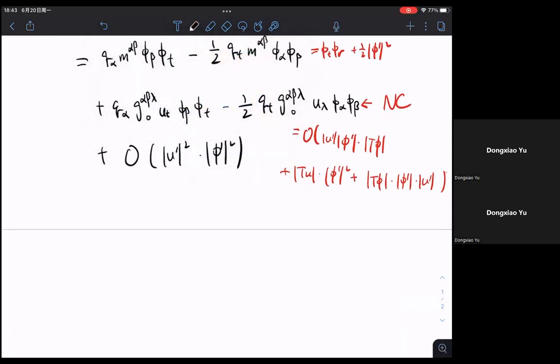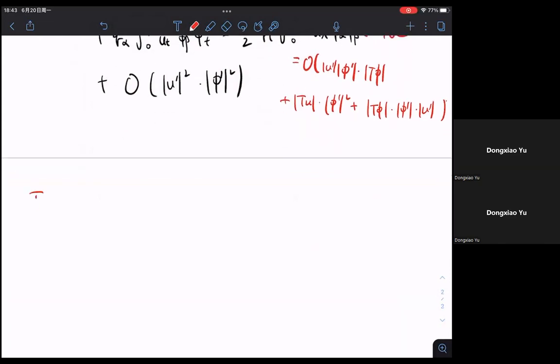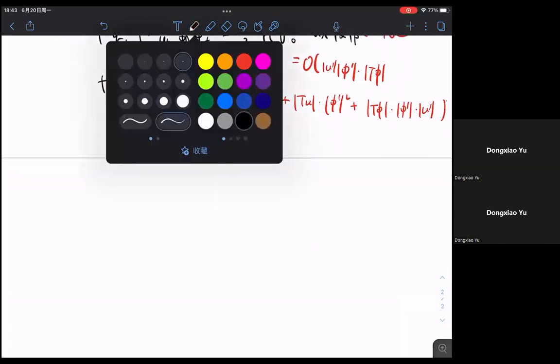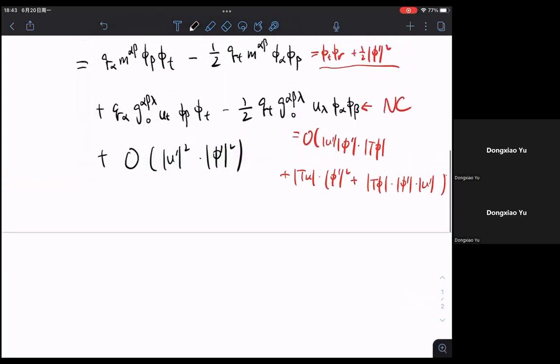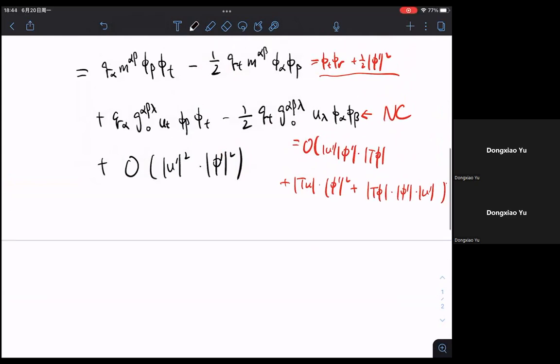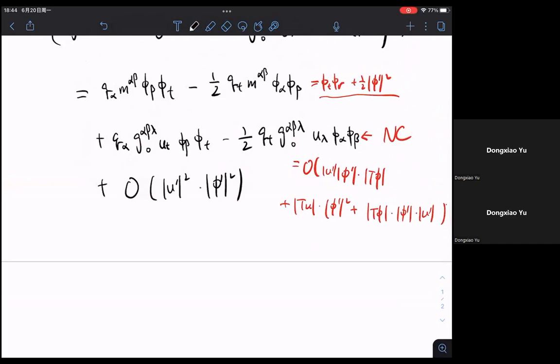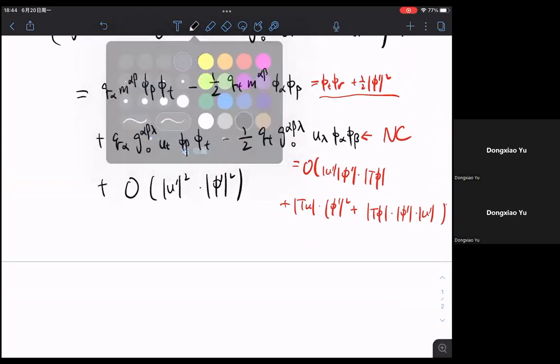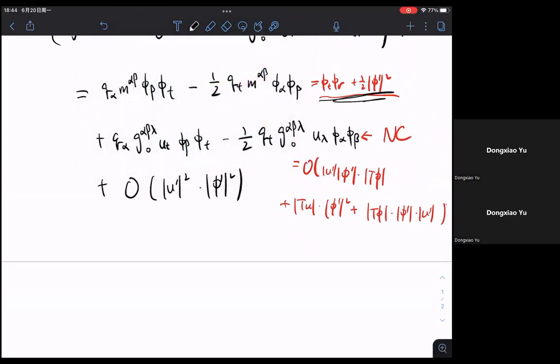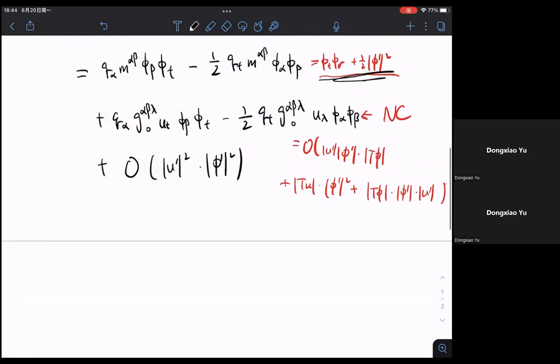Anyway, it might still not be that clear what this sum is, so let me also compute another thing, that is T phi squared. I actually claim that this underlined part here is equal to 1/2 times T phi squared.